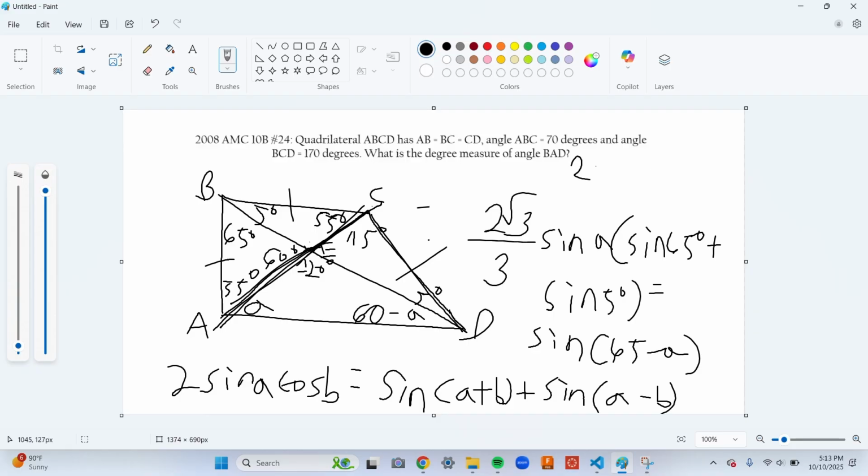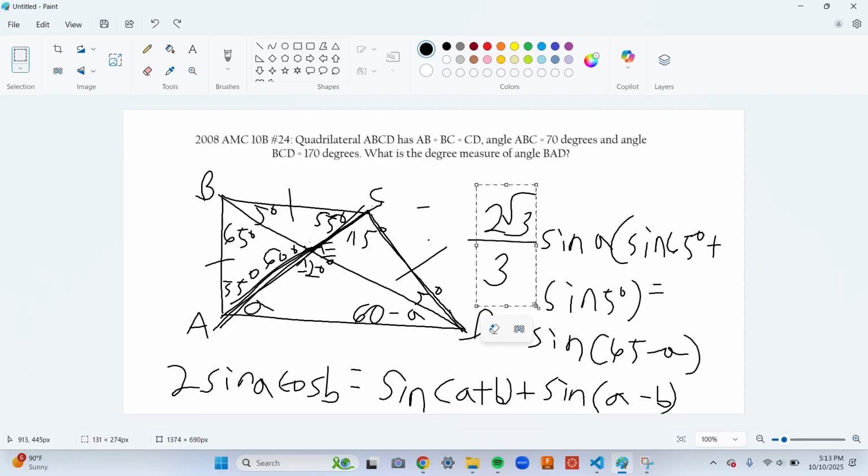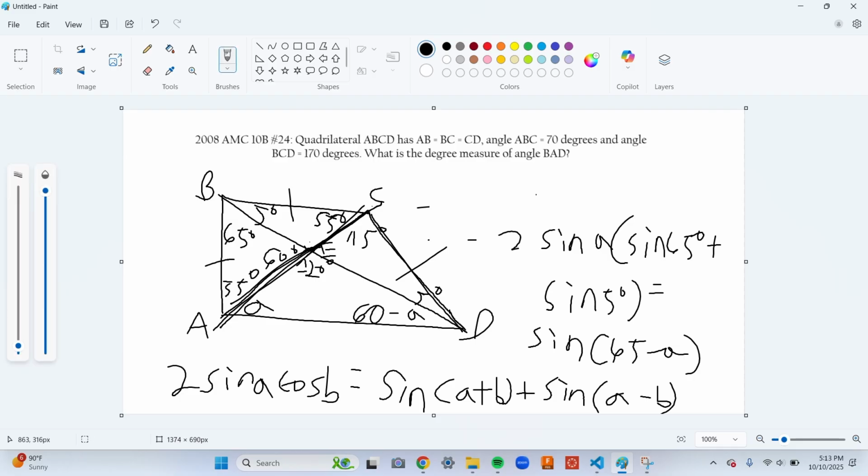So now we have 2 sine 35 degrees times cosine of 30, which is root 3 over 2, is going to be equal to sine 65 plus sine of 5. So sine of 65 plus sine of 5 simplifies to root 3 times sine of 35 degrees. So now let's plug that in here. The root 3's will multiply and cancel with the 3, so we can just leave this and make it a 2.